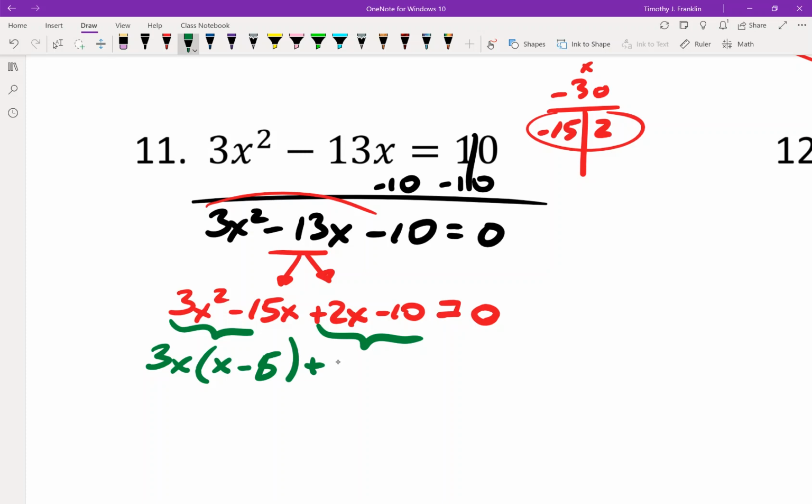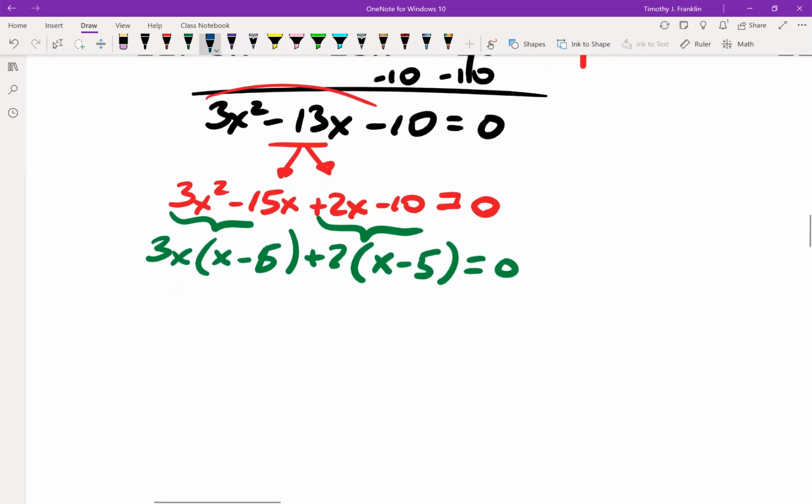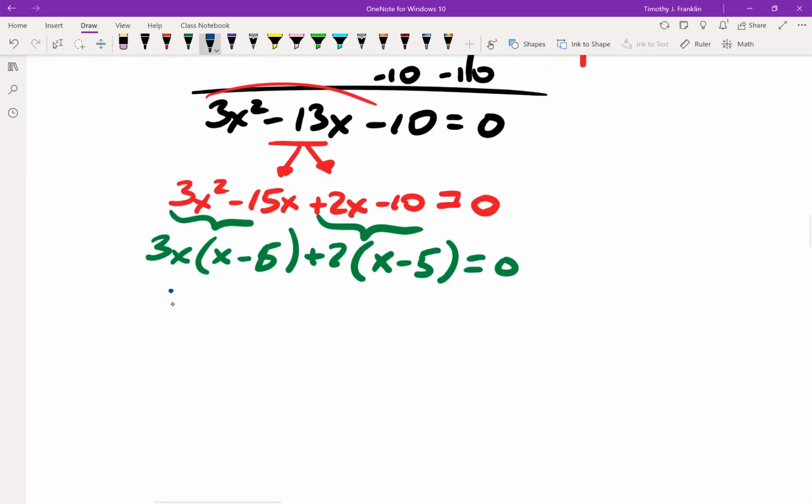Take out a 2. Also x minus 5. And so our factored form, we have the x minus 5 and the 3x plus 2.